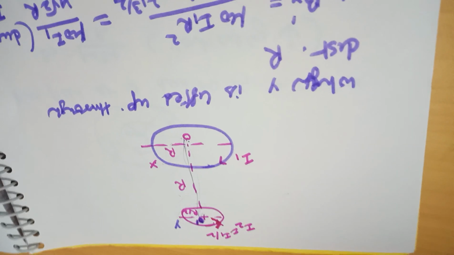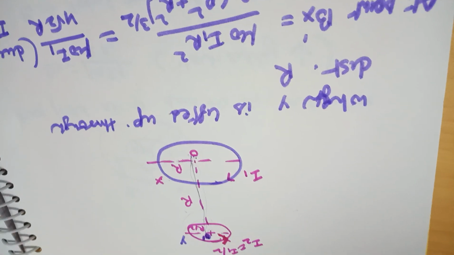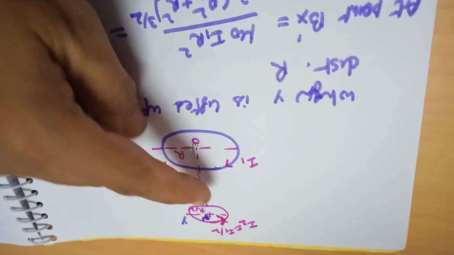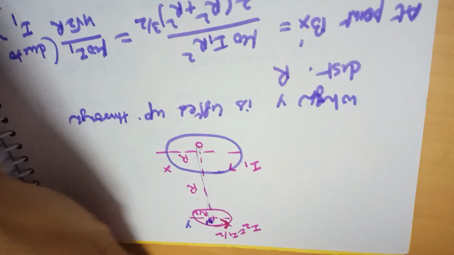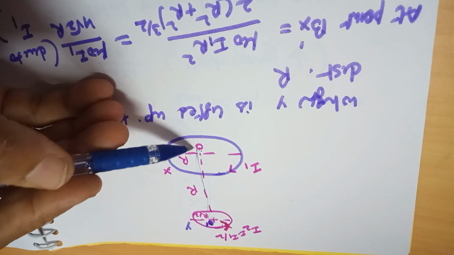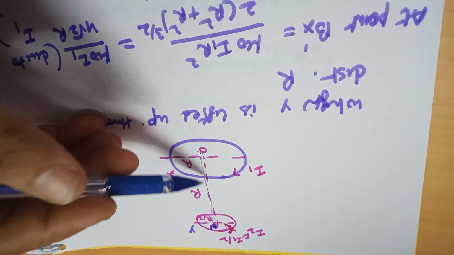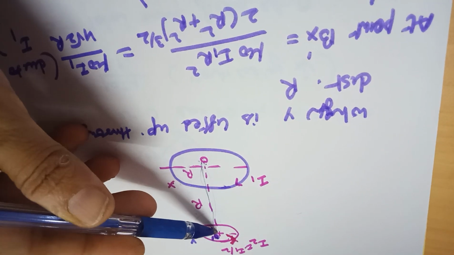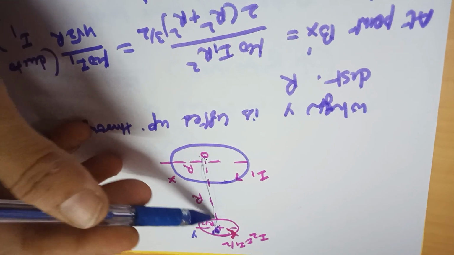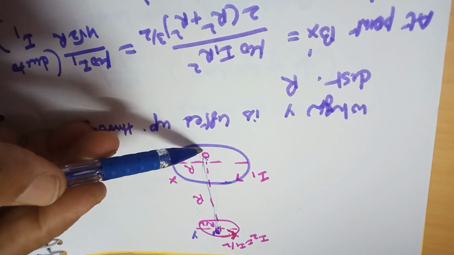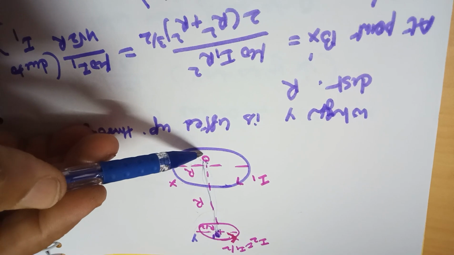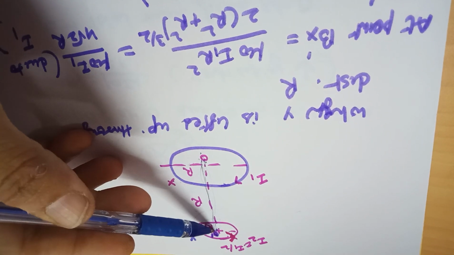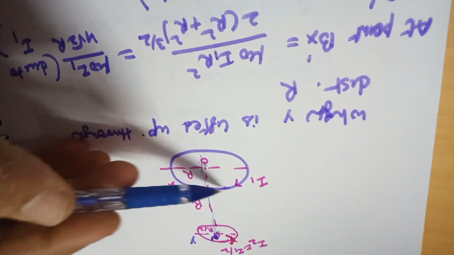Now when it is lifted up through a distance r, first of all you find out the magnetic field at this point due to the current flowing in the coil X. If this is a coil and this is the axis of the coil, the point O dash lies on the axis of this coil. So here we will apply the formula for the magnetic field at any point on the axis of a current carrying loop.